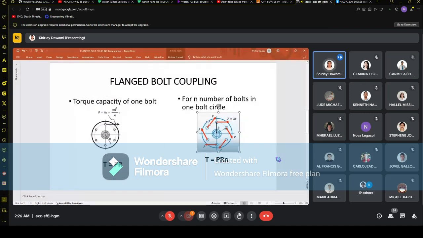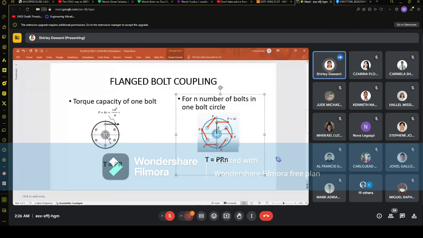Then for this one, if you have n number of bolts in one bolt circle, you just have to simply multiply it by the corresponding number of bolts. So for example, if you have 1, 2, 3, 4, 5, 6, you just multiply it by 6 as the number of bolts.